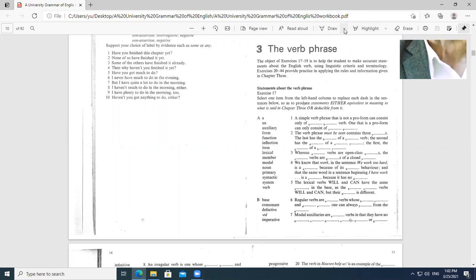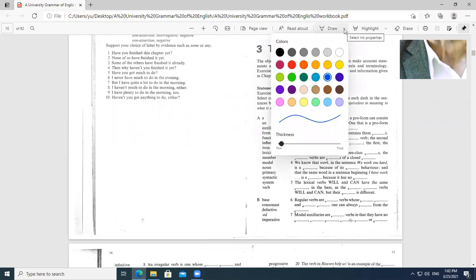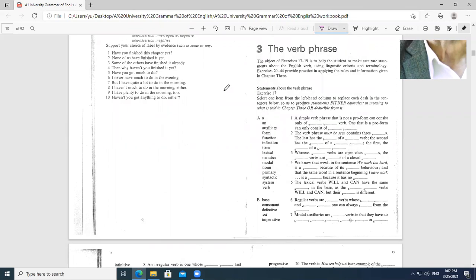Number 1. A simple phrase that is not a proof form can consist of what?